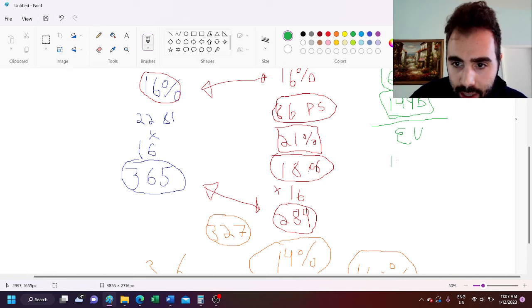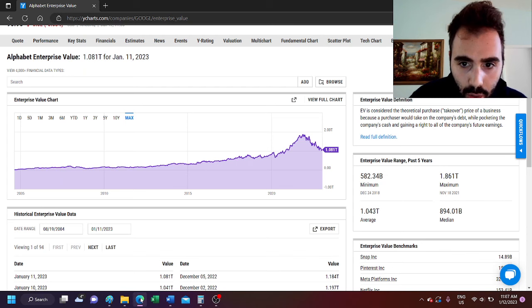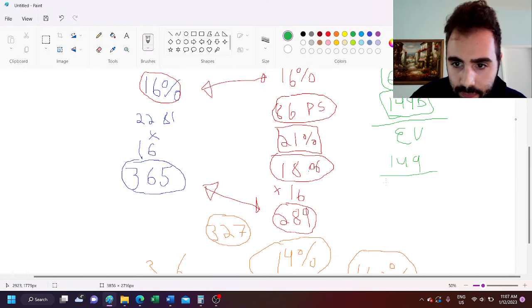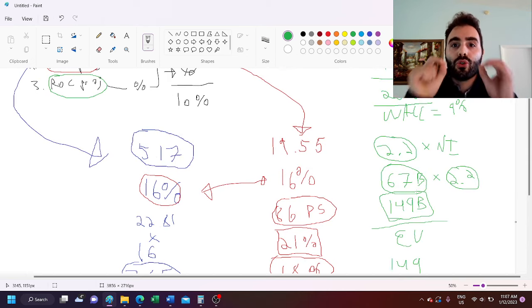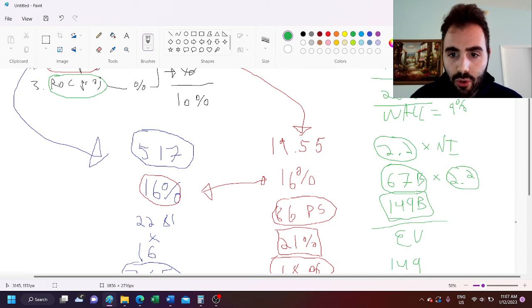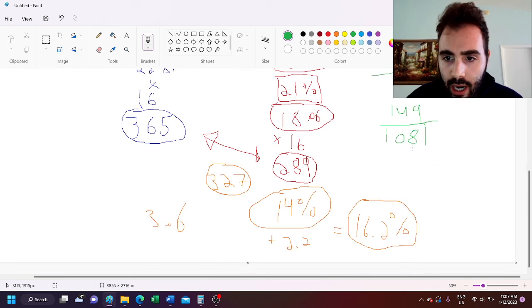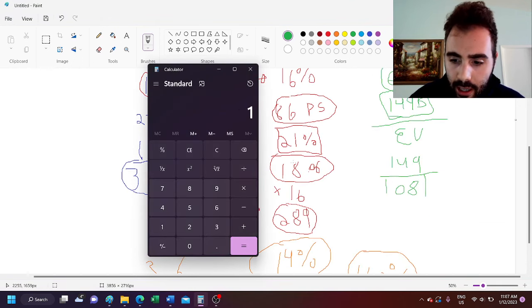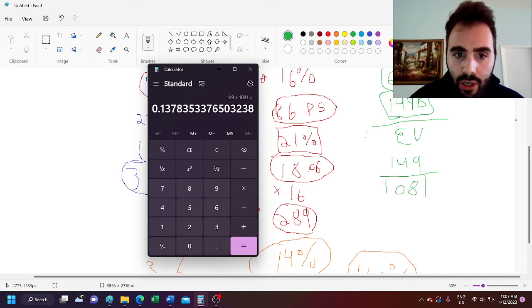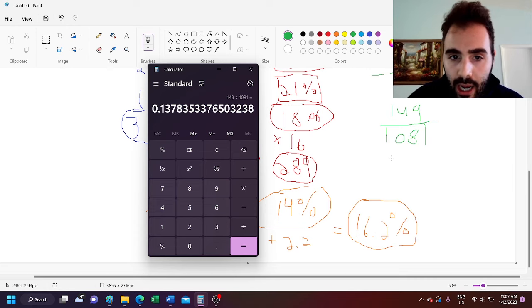So 149 divided by 1,081 billion will give us Google's growth rate of return of roughly 14%, but 13.8%.